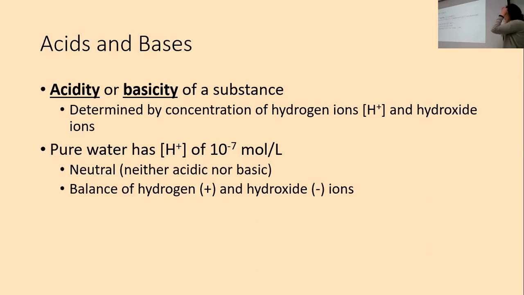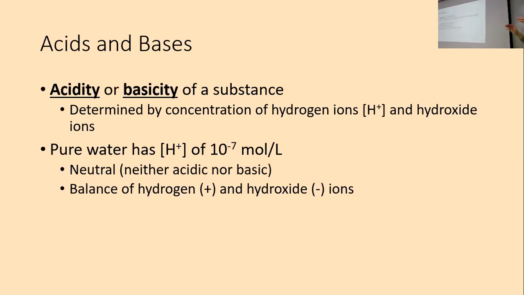Now, pure water, where some of our hydrogen and hydroxide has dissociated, has a proton concentration, a hydrogen ion concentration, right? These square brackets just mean concentration, of 10 to the -7 moles per liter. And water is neutral, right?